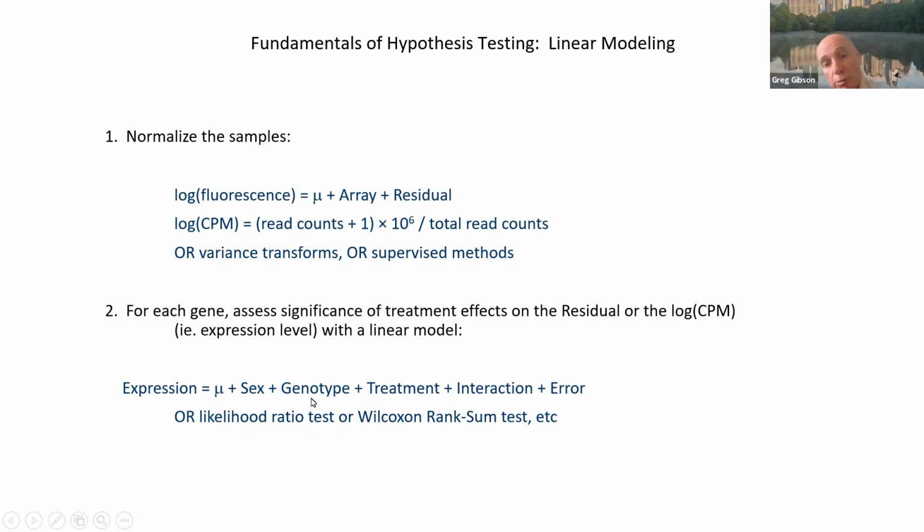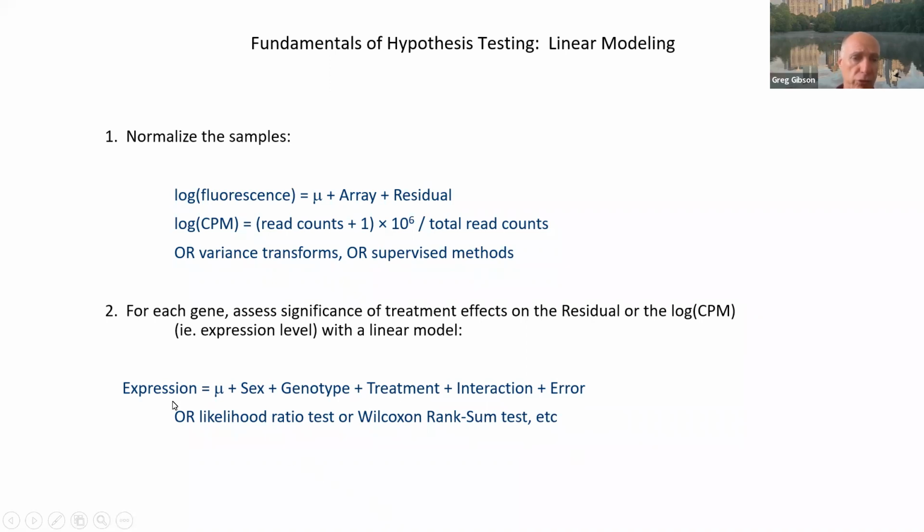So individual within genotype would be a random effect. And then oftentimes as well, we're interested in interactions. Is there, for example, a sex by genotype interaction? Is there a cell type by COVID status interaction we talked about before? And of course, there's always residual error as well. And we assume that this is normally distributed with a mean of 0.